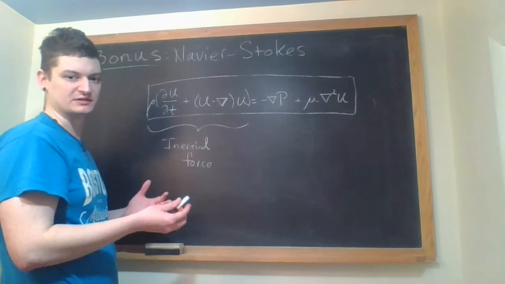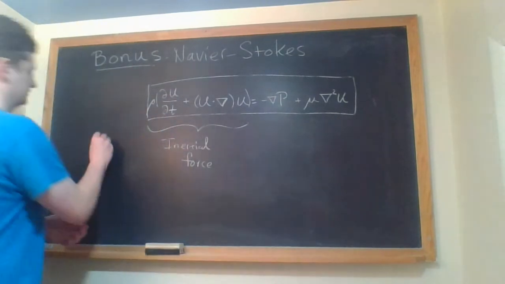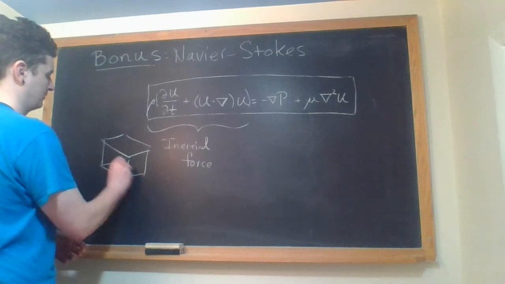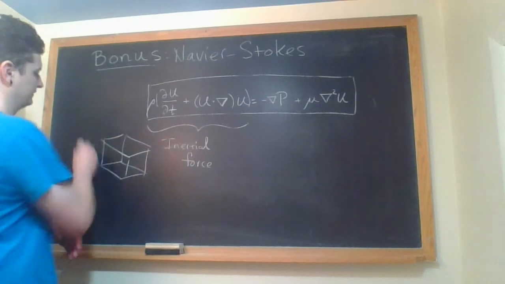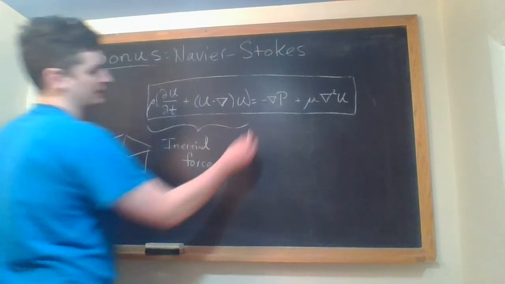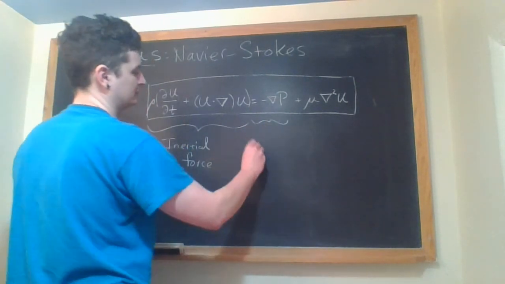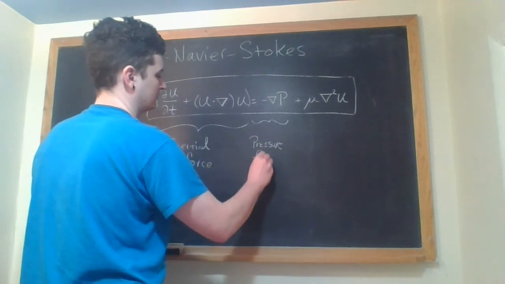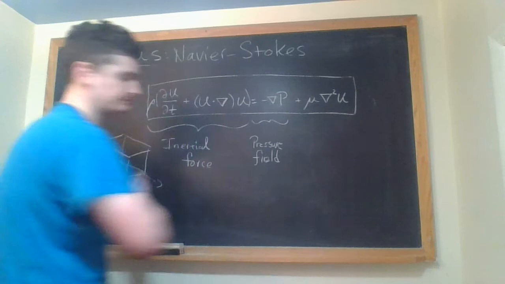So you have that this part is the inertial forces of a fluid moving. Let's draw this little cube. Right? So there are inertial force terms, then there are these pressure terms.